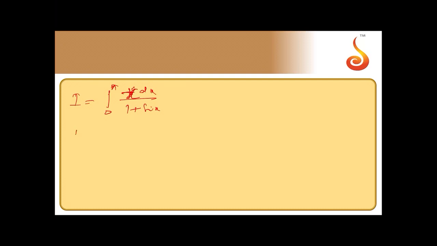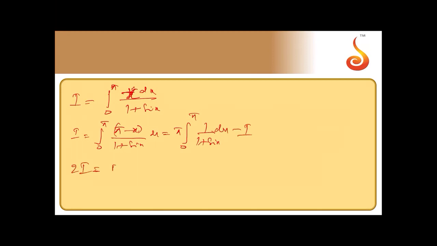Lower limit plus upper limit minus x could be written as integration 0 to pi, when you apply, pi minus x divided by 1 plus sin x into dx. That is equal to pi integration 0 to pi 1 by 1 plus sin x dx minus I. So this is nothing but 2I is equal to pi integration 0 to pi 1 by 1 plus sin x into dx, dividing by 2, pi by 2 times.